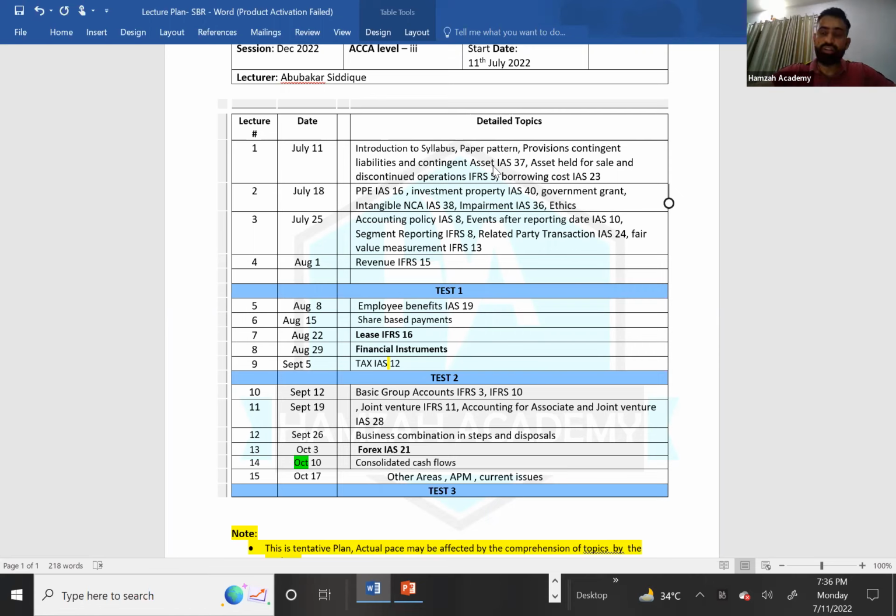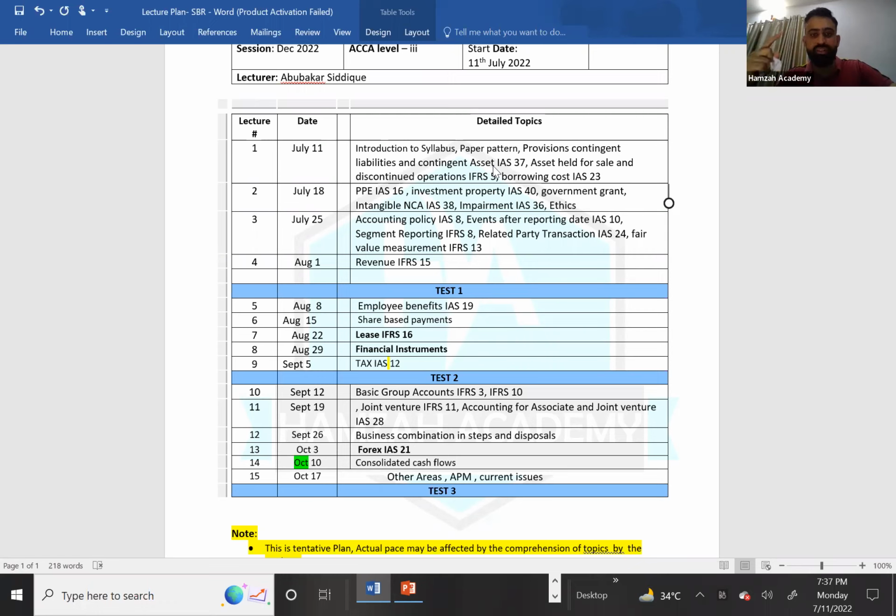segment reporting. This is a new topic. Let me give you a little bit of introduction. In this topic, let's assume we have a multinational company operating in different geographical areas, with different product lines. Being a shareholder of that company, obviously the shareholders are not only concerned about the overall financial statements.